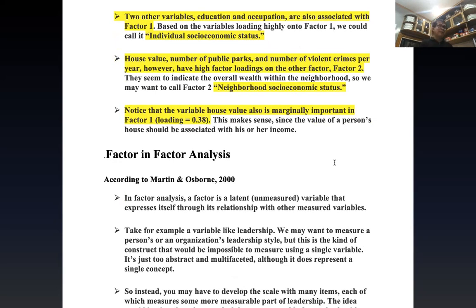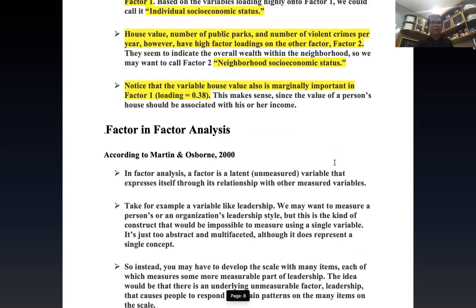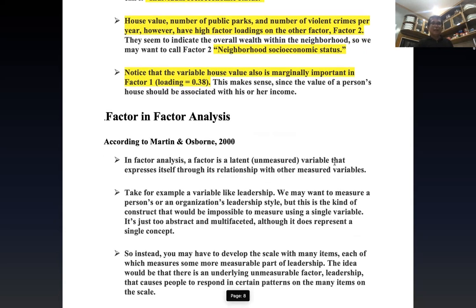So, factor in factor analysis. What do we mean by factor or factors in factor analysis? According to Martin and Osborne way back in 2000, in factor analysis, a factor is a latent, unmeasured variable that expresses itself through its relationship with other measured variables.